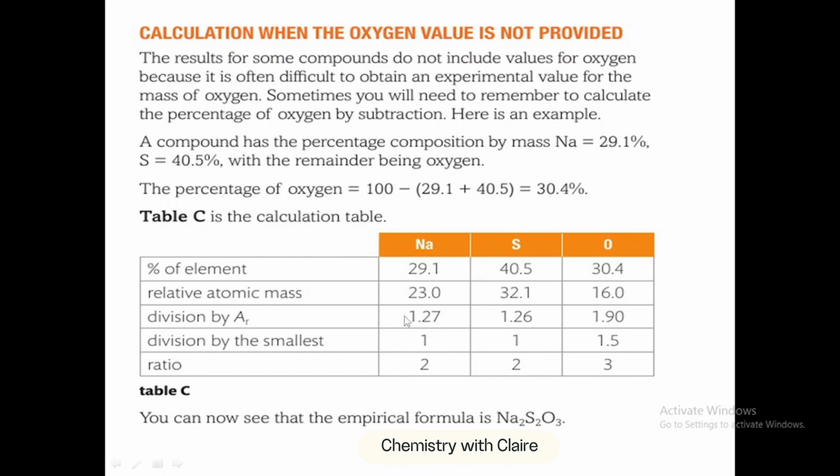In this case, multiply all of them with 2. If you have any value with 0.5, multiply all of them with 2. You can easily get rid of the 0.5. So the 1.5 becomes 3, and the other elements will have a ratio of 2. So the final empirical formula stands Na2S2O3.